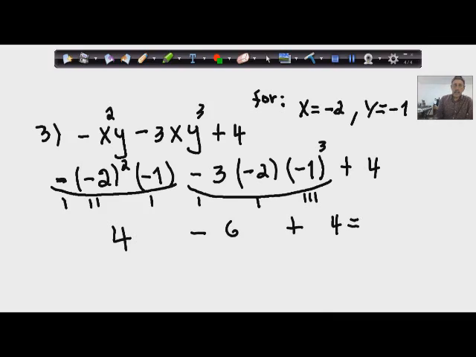And here we have 4 plus 4 is 8, minus 6 is 2. So this is the way I recommend to do these kinds of exercises. Thank you.